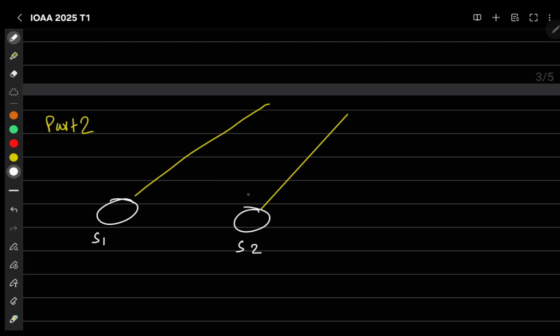This needs to be perpendicular. So as you can see from this image itself, there is some delay when you are observing a signal from a source, because the distance between the source and the detector is not the same. So because of that, there is a path difference associated.